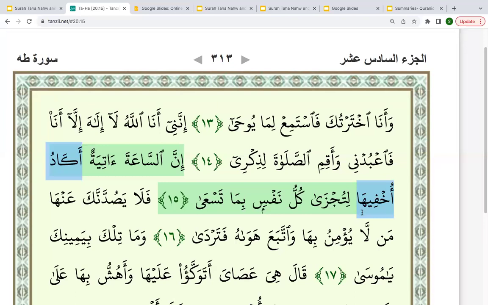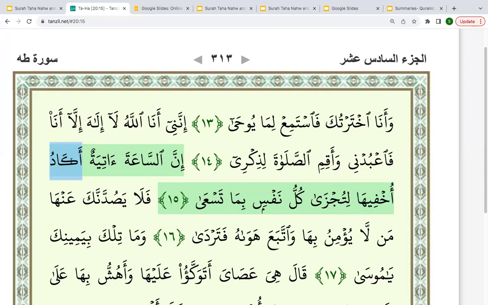When it is acting like fi'l naqis, it's going to have an ismu kada and khabru kada. If you all remember that, you can call ismu kada ana, which is damir mustatir, hidden pronoun, akadu, based on the sign of mudare that you have in the beginning of your mudare, which was hamza.